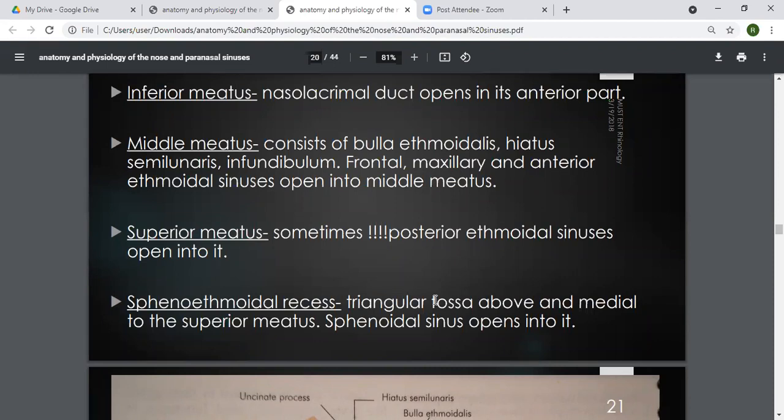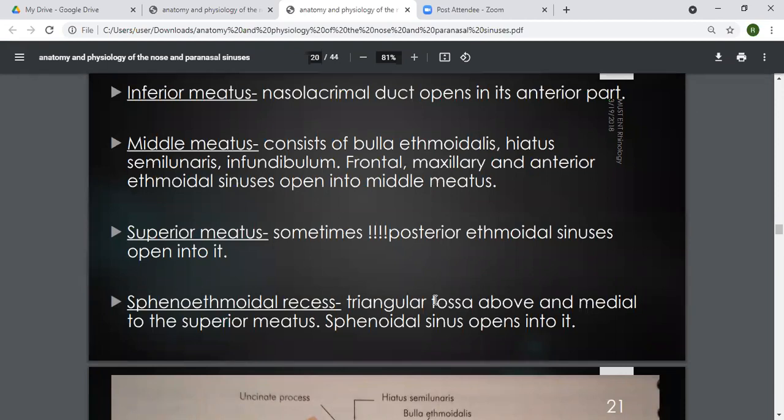So the nasolacrimal duct opens into the anterior portion of the inferior meatus. For the middle meatus, we have the opening of the maxillary sinus, the frontal sinus, and then the anterior ethmoid sinuses.